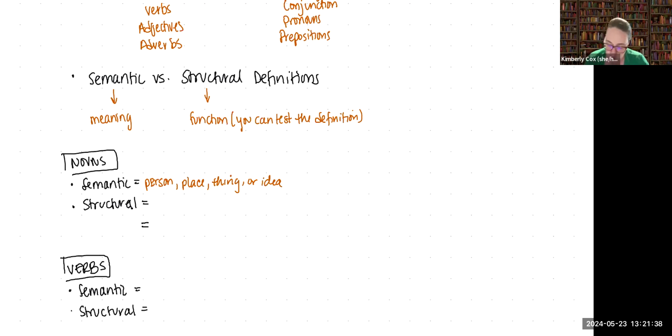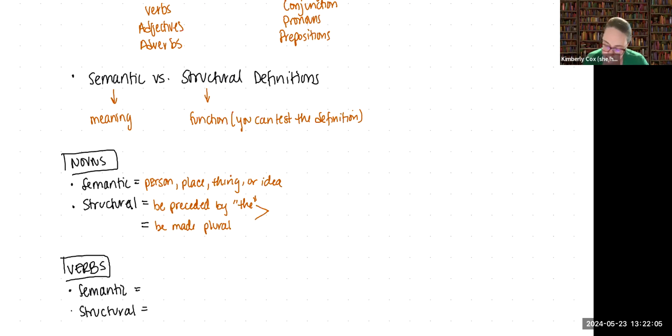The two keys to identifying a noun in terms of the structural definition is that a noun can be preceded by "the," and it can be made plural. Both of these criteria have to be met in order for something to be a noun.